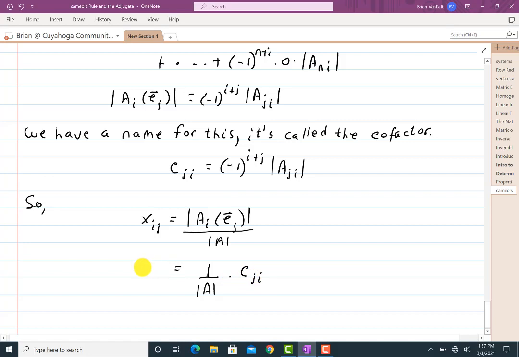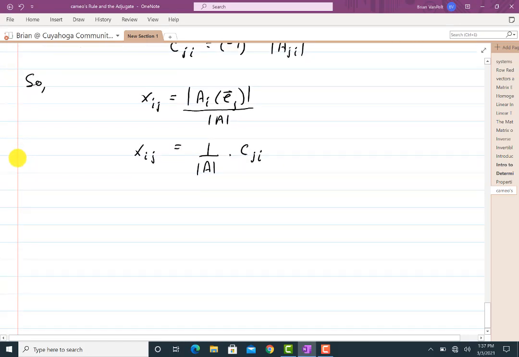So that's what x sub ij equals. C sub ji, the subscripts are reversed, so be careful with that. Remember, x sub ij was the ijth element of A inverse.